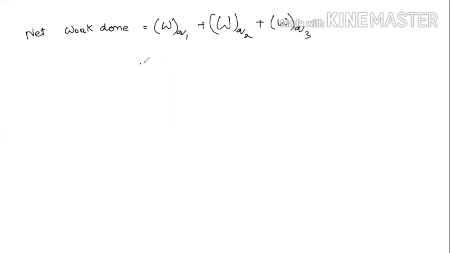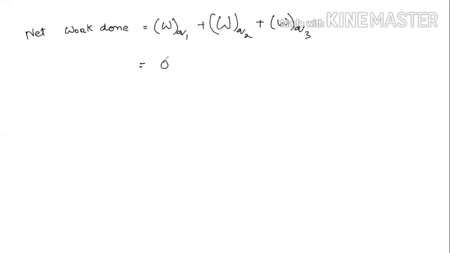So net work done is work done due to charge Q1 plus work done due to charge Q2 plus work done due to charge Q3.